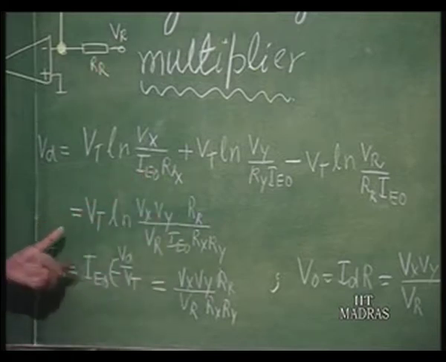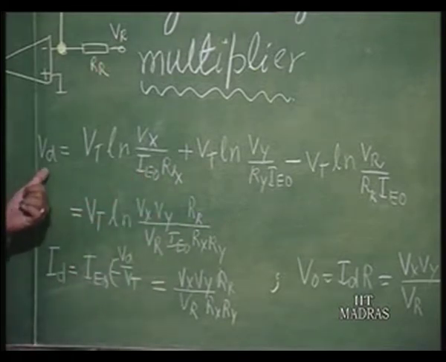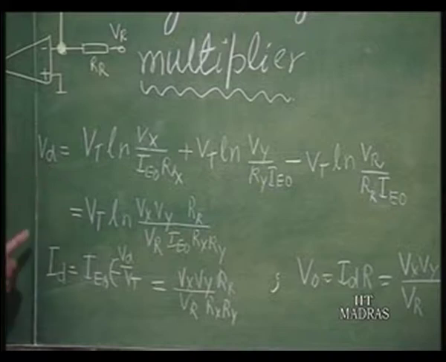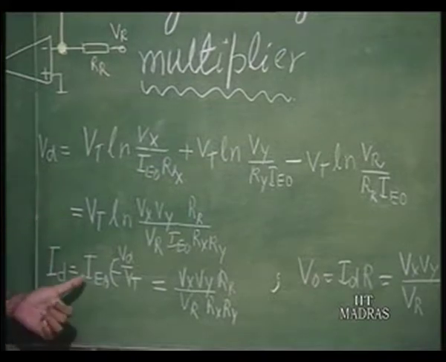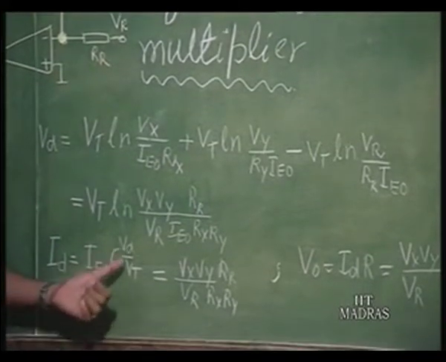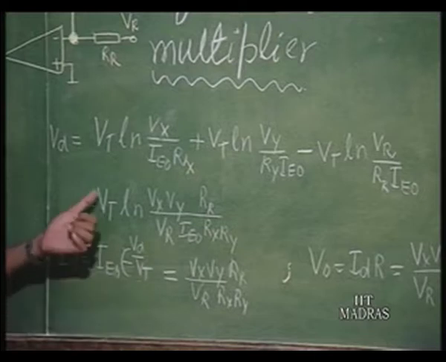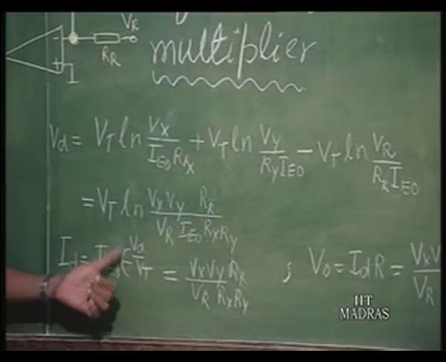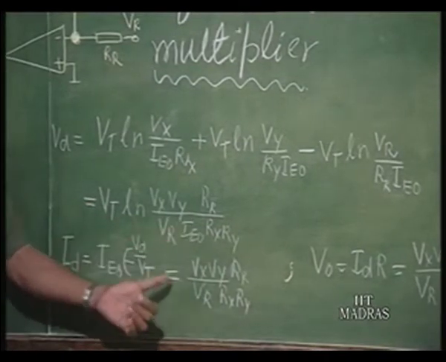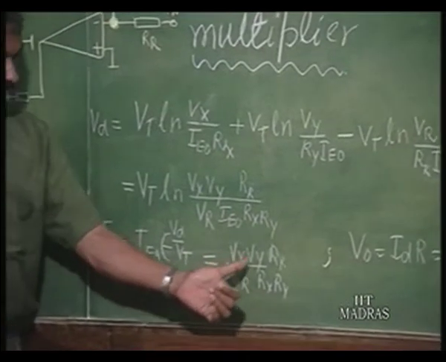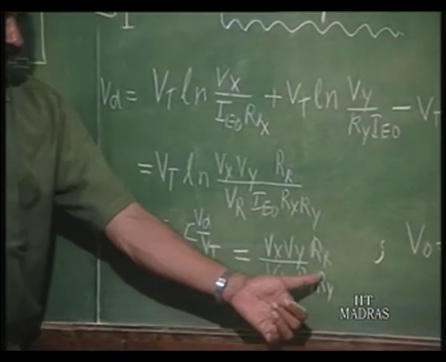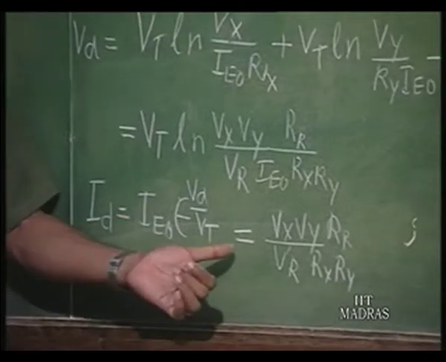So, that is the voltage that you develop, and that voltage, if it becomes the forward biasing voltage of another diode, then you take an antilog of that voltage, that means that will be IE naught exponent V diode divided by Vt. So, this Vt gets cancelled, it is exponent log of this value, which is that value itself, Vx Vy by Vr, Rx Ry Rr, IE naught getting cancelled.